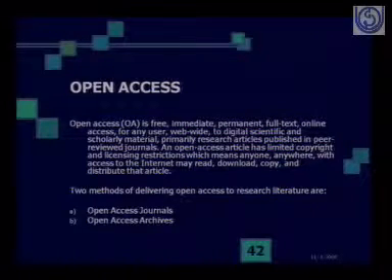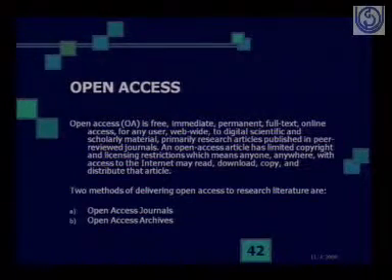So what exactly is open access? It's free, immediate, permanent, full text online access for any user web-wide to digital, scientific and scholarly material, primarily research articles published in peer-reviewed journals.